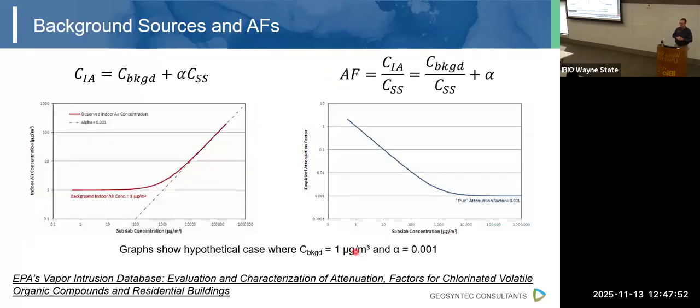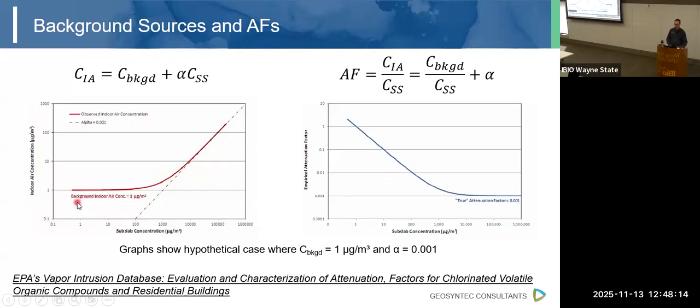So if you think about how that affects our attenuation factor, you can split it up so that the indoor air concentration is going to be a combination of a background contribution and then what's coming in from vapor intrusion. So again, your subslab concentration times the real attenuation factor alpha.